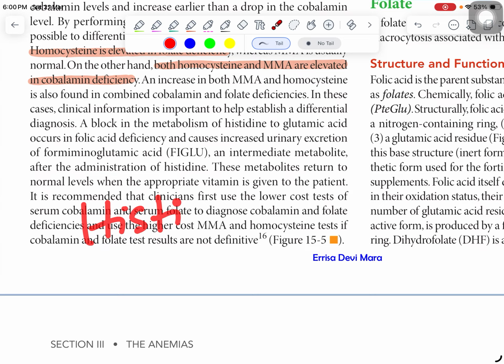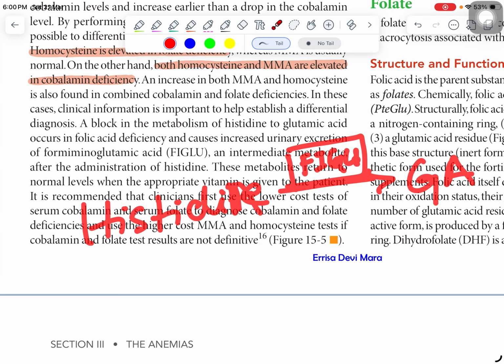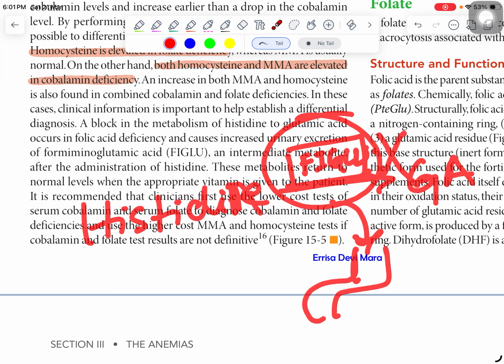When histidine is converting to glutamic acid, there is this intermediate which is called FIGLU. When this is blocked, FIGLU will be more, so this FIGLU will be excreted in your urine.